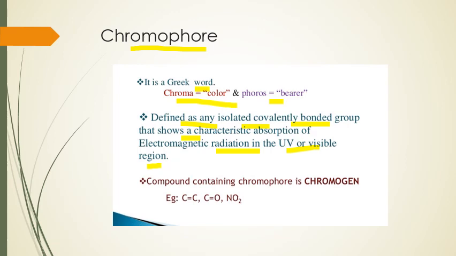A compound containing the chromophore is also called a chromogen. We have the ethylene group, C double bond C, the carbonyl group, C double bond O, and the NO2 group. These are all chromophores, meaning they absorb UV or visible radiation, and these groups are mainly analyzed by UV-visible spectroscopy, and the compounds containing them, the chromogens, can be analyzed.